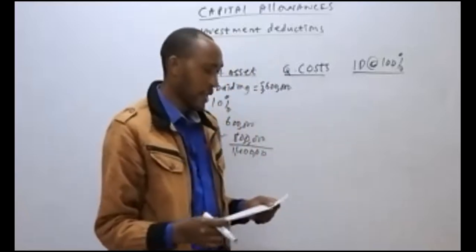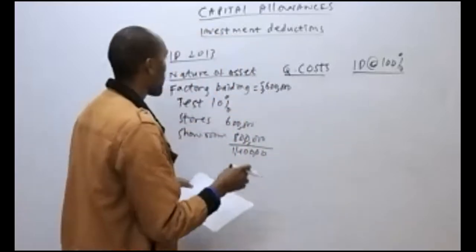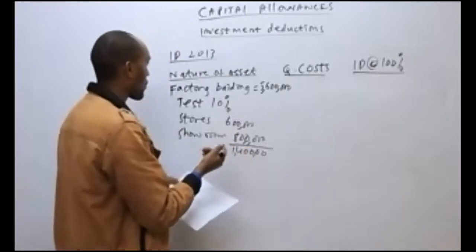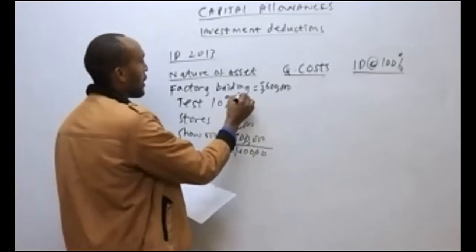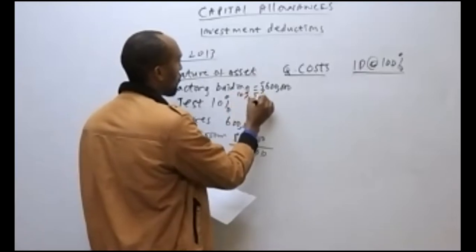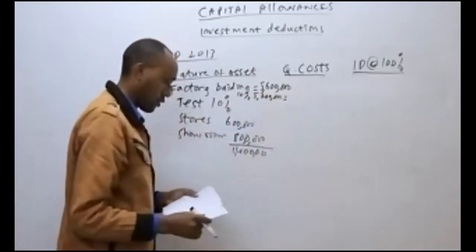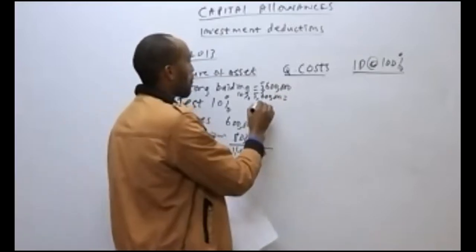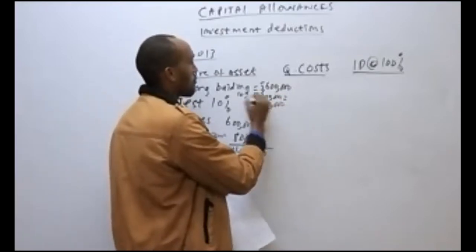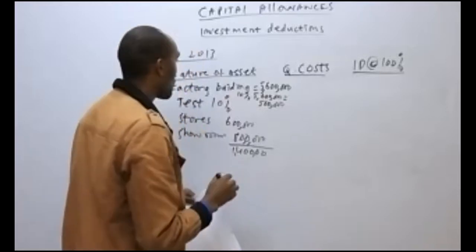So first of all, even before we go further, we ask ourselves, there's something you have left here, 10% of 5.6 is how much? Okay, so this is around 560,000. So we need to know that.